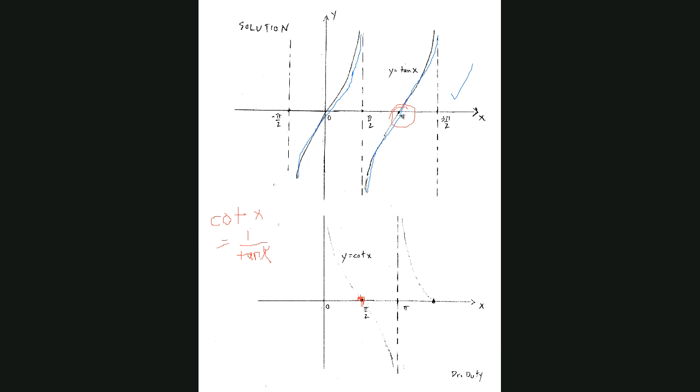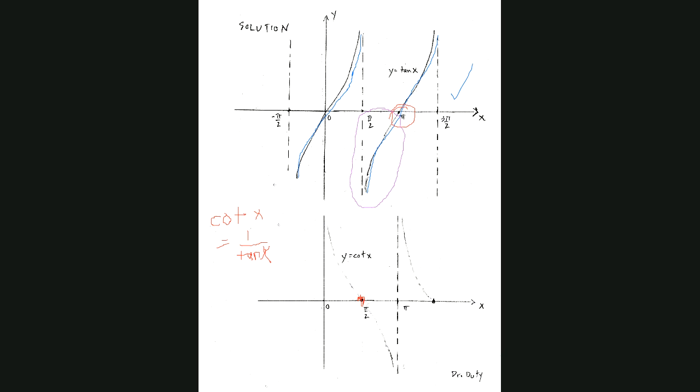On the other hand, if we concentrate on this part of the tangent function to the left of pi, the tangent function is negative between pi over 2 and pi.